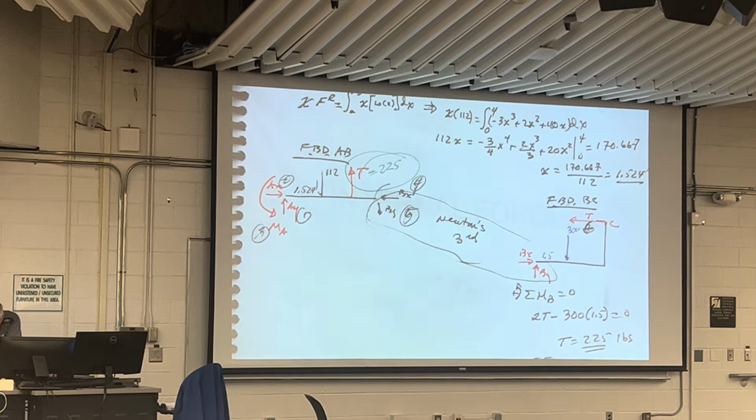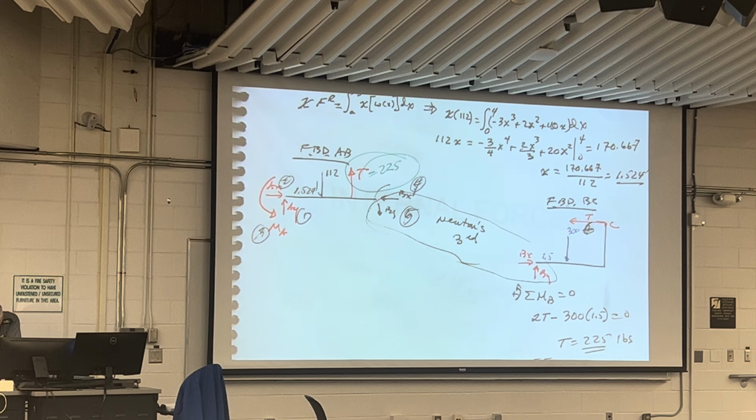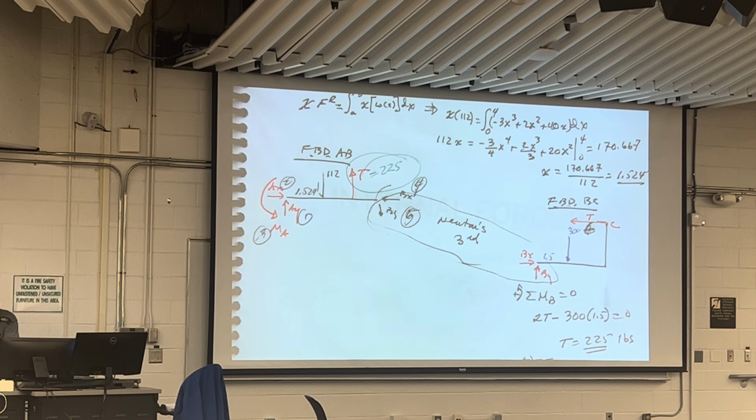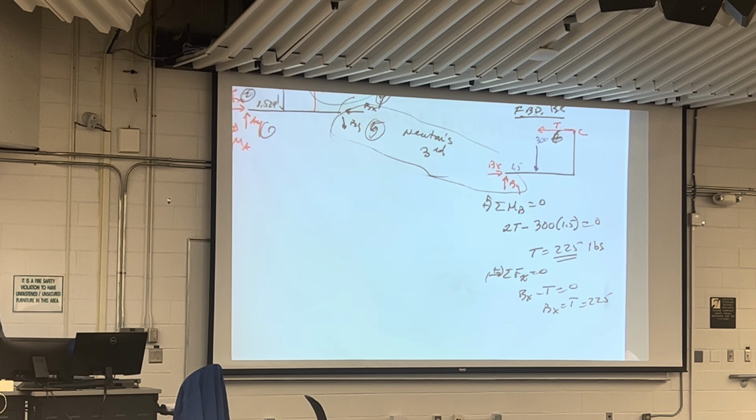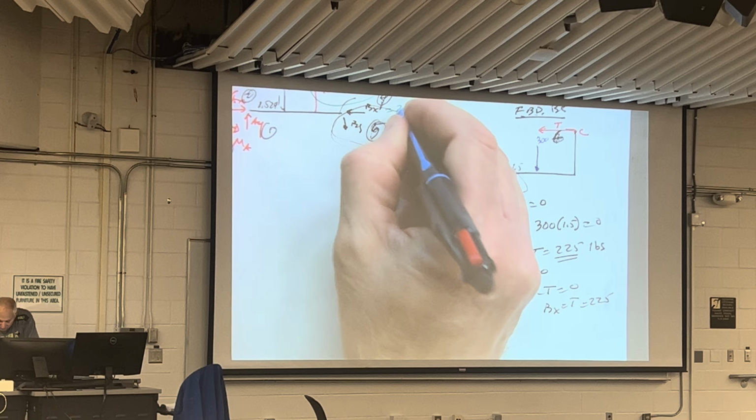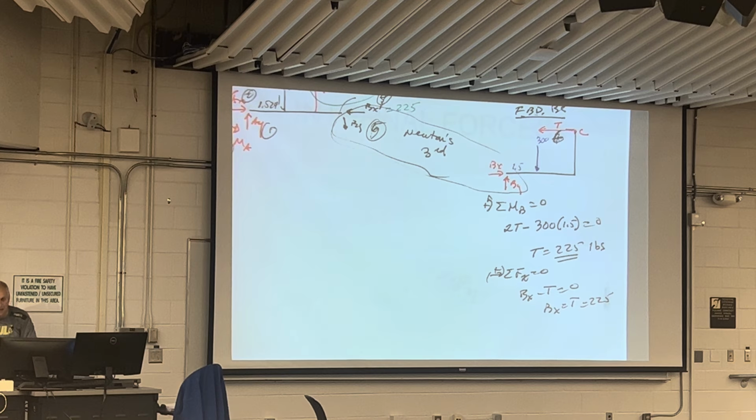Sum forces in the x equals 0, positive to the right: bx minus T equals 0, or bx equals T, but T equals 225, which means bx is 225. So now I can come over here in a different color. 225 is bx.